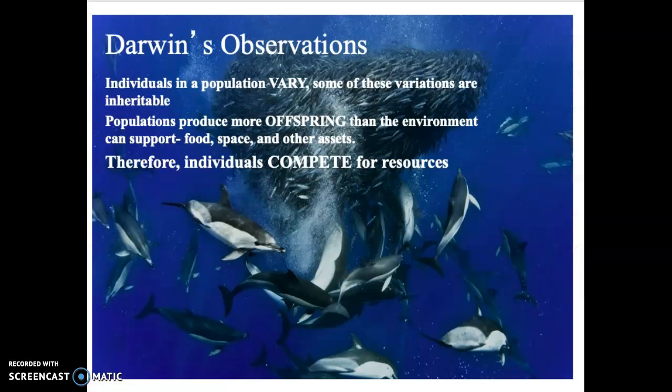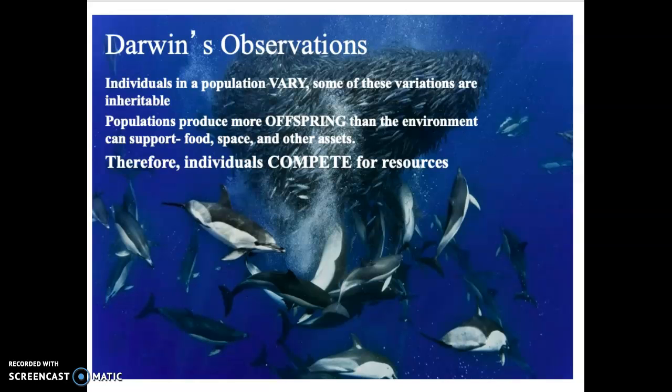Okay, so here we go. This is how the mechanism works, and it's actually really simple and kind of elegant if you think about it. So we already know from genetics that individuals within a population vary. We've looked at that when we looked at our genetics unit, right? And we looked at all of our genetics traits that were all different from one another.